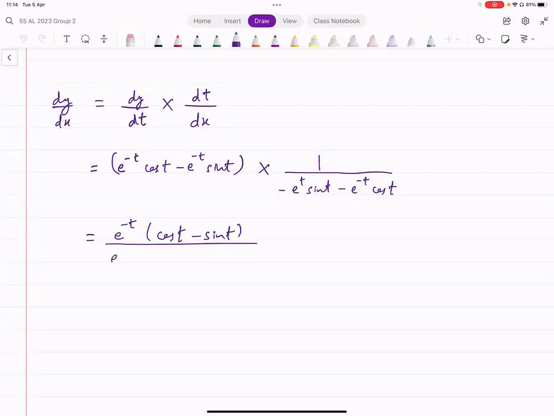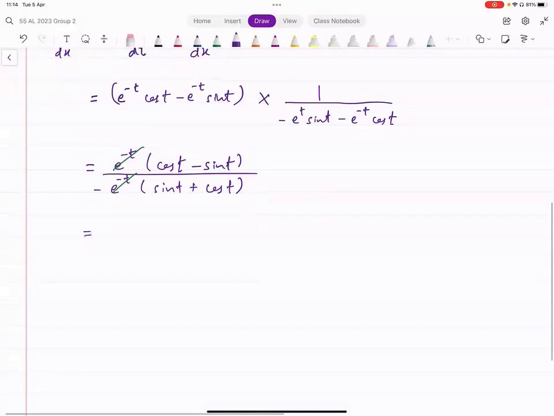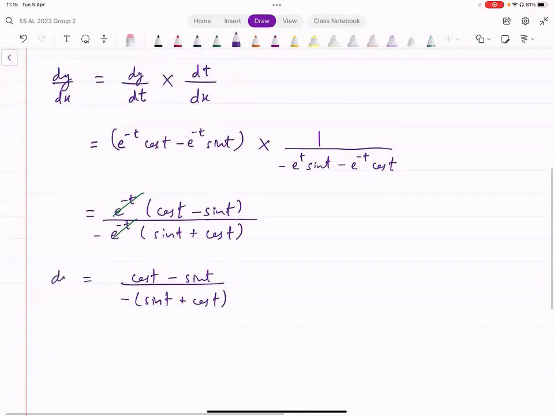If we take e raised to power minus t common here as well, minus e raised to minus t common ले लें, we end up with sin t plus cos t. e raised to power minus t and e raised to power minus t, they get cancelled, and we're left with cos t minus sin t divided by minus into sin t plus cos t. This is dy over dx.